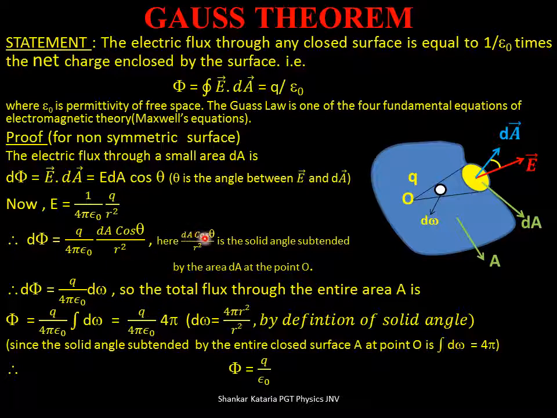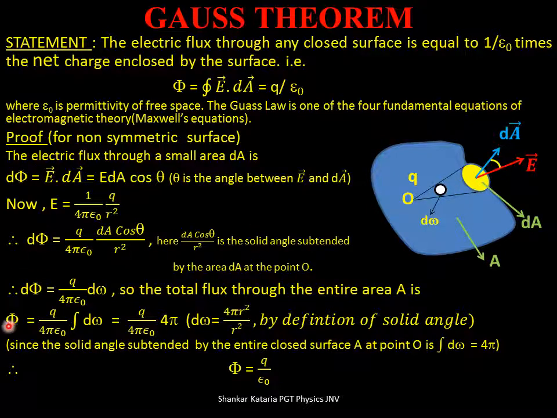Now this dA cos theta by r squared is area upon square of the radius, which is nothing else but the solid angle this area element subtends at point O. So this quantity dA cos theta by r squared is the solid angle d omega, and d phi is the electric flux associated with this small area element dA.